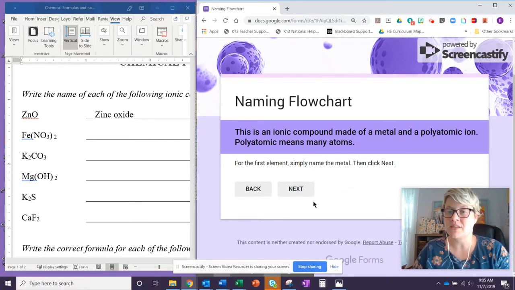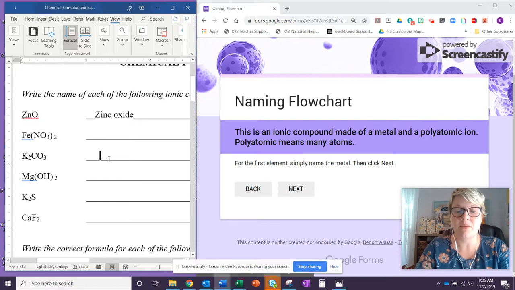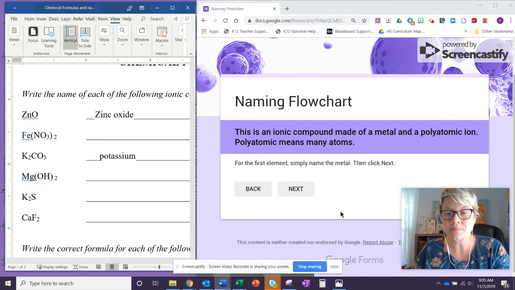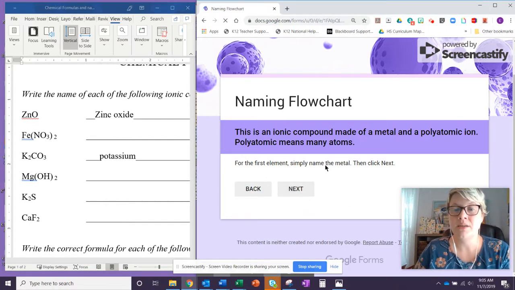So this is an ionic compound made of a metal and a polyatomic ion. Poly just means many atoms. So that CO3 is that one ion there. Okay. And again, for the first element, simply name the metal. So our metal is potassium. And then we would hit next.